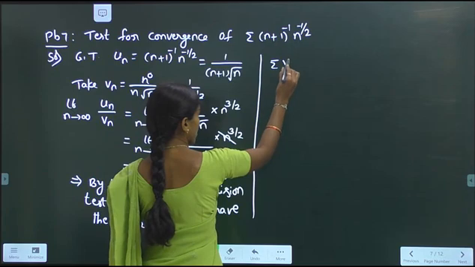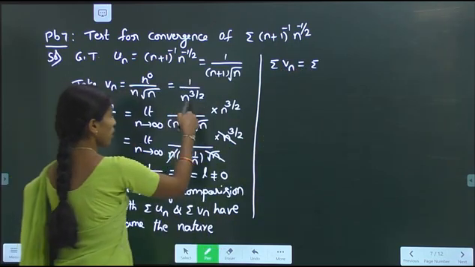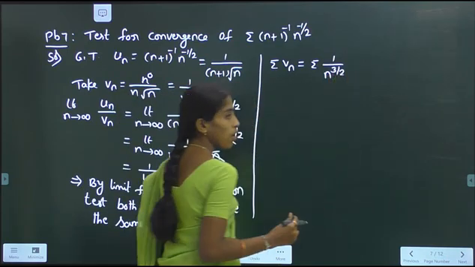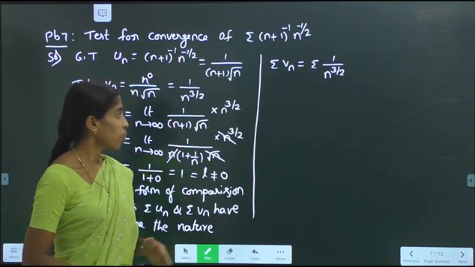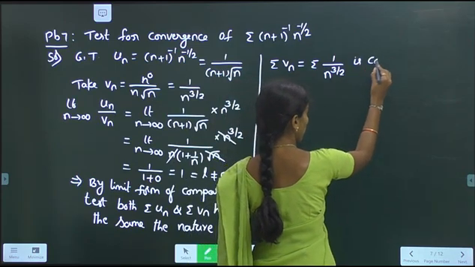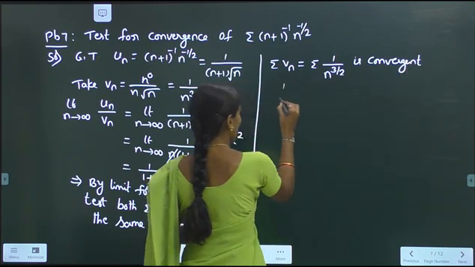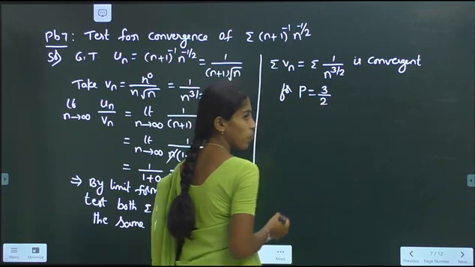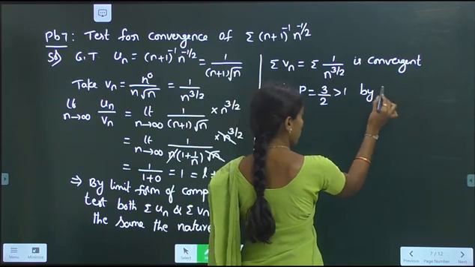Now we discuss the nature of vn. What is vn here? 1 by n power 3 by 2. It is either in the form of 1 by n power p, otherwise summation r power n. But it is in the form of 1 by n power p. What is the p value? 3 by 2. So it is convergent for p is equal to 3 by 2. 3 by 2 means 1.5, value is greater than 1 by p test.